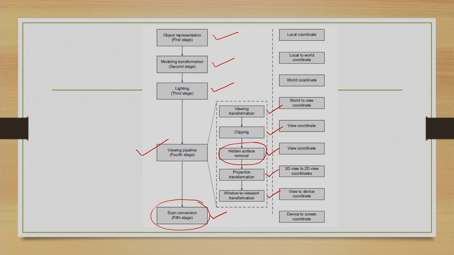So far we have completed our discussion on the first 2 stages, namely object representation and geometric or modeling transformation. Currently we are discussing the third stage, that is lighting or assigning color to the surface points. In the lighting stage, we have introduced the basic issues that are addressed, and in the previous lecture we have gone through a simple lighting model.